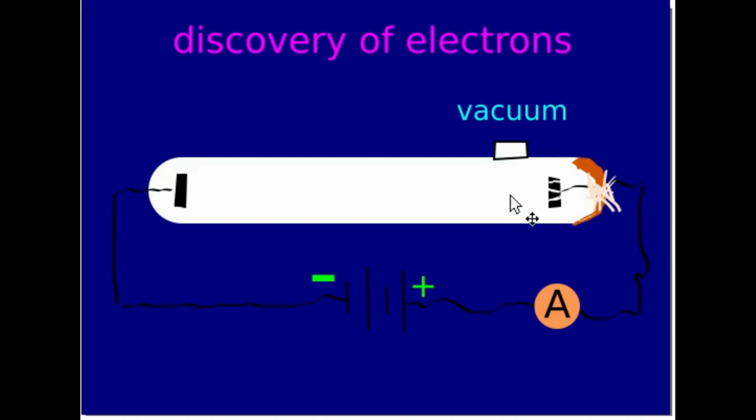But when an external electric field is supplied, this glow deviates to the positive side of the electric field. That means these cathode rays constitute negatively charged particles called electrons.